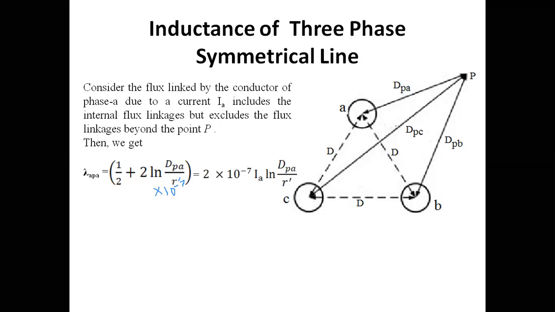So this will be the flux linkages from A to P due to current IA only.